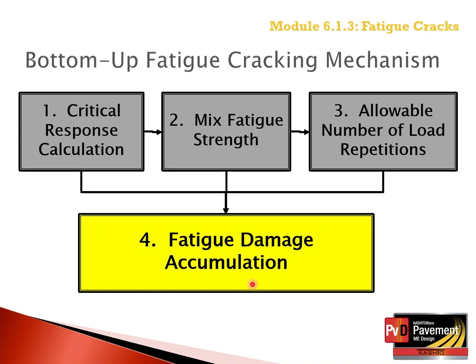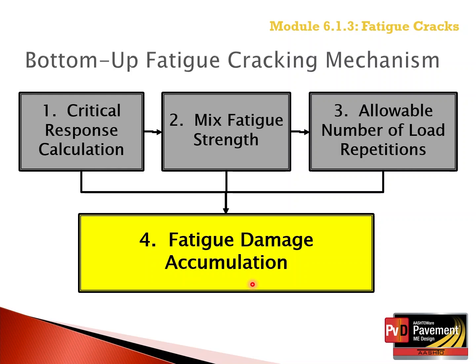So the fatigue cracking mechanism includes calculating the asphalt layer incremental fatigue damage and summing it to determine total fatigue damage over time, regardless of which laboratory test is used to determine the allowable number of load repetitions. And that is, the fatigue damage accumulation is determined in the same way regardless of which laboratory test was used to determine the allowable number of load applications.